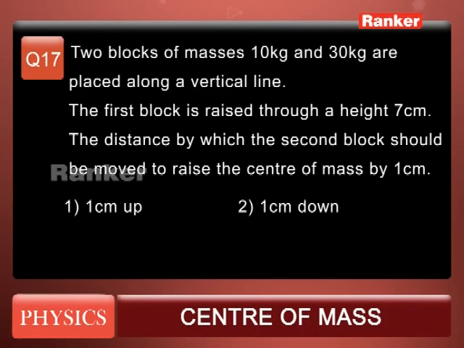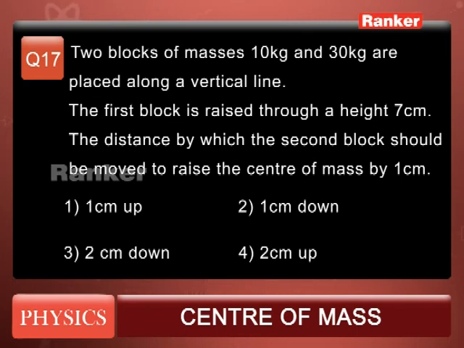In question number 17, two blocks of masses 10 kg and 30 kg are placed along a vertical line. The first block is raised through a height of 7 cm, and we need the distance by which the second block should be moved to raise the center of mass by 1 cm.